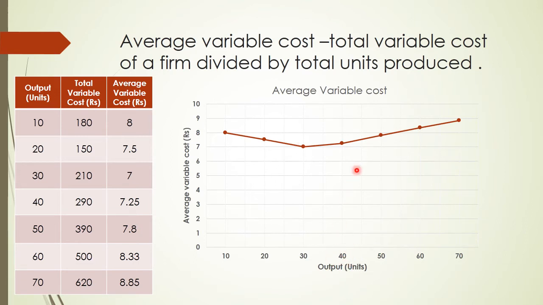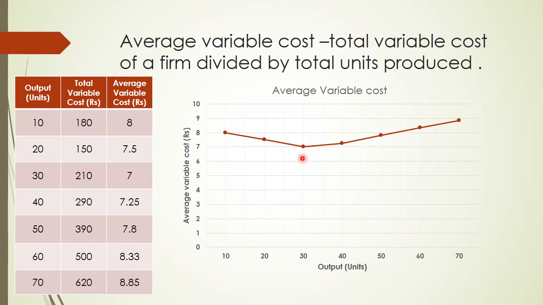Now here you can see that average variable cost, after it decreases a little, what happens? See here, it starts increasing. In the initial stage it will decrease and then it will start increasing.